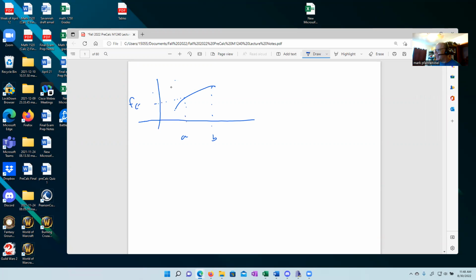This will be f of A, and then this guy over here will be f of B. So it's the y value at B, the y value at A. What we're going to calculate is the y value at B minus the y value at A, divided by, in parentheses, B minus A. So we calculate the top, calculate the bottom, and then divide the two.